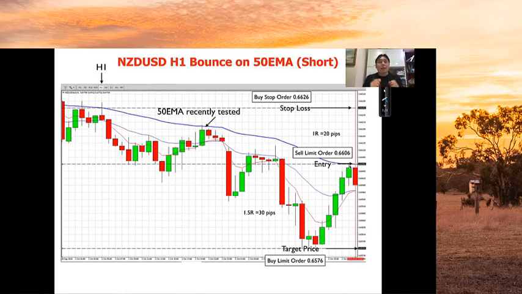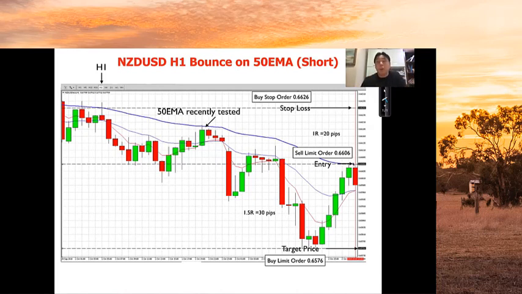If you're more conservative, wait for the price to hit the moving average, and once it penetrates, put a sell stop order. Sell stop order means you sell when the price goes to the price or lower. You can also do that. Sell order at 6606, whether you want to sell limit or sell stops, up to you.